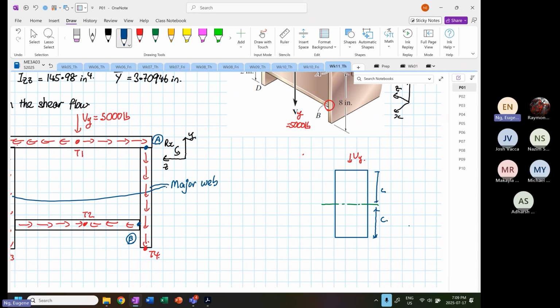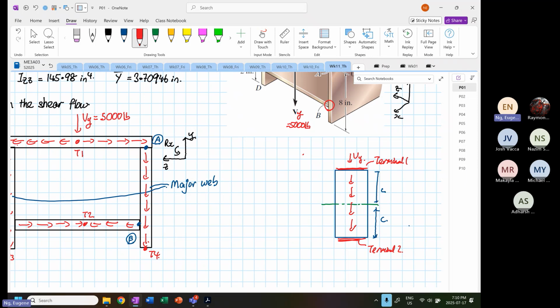And then we have a shear flow going down this way. This is for thin wall or non-thin wall, the principle is the same. We call this face our terminal, and this is our terminal. So this is our terminal 1, and this is our terminal 2.